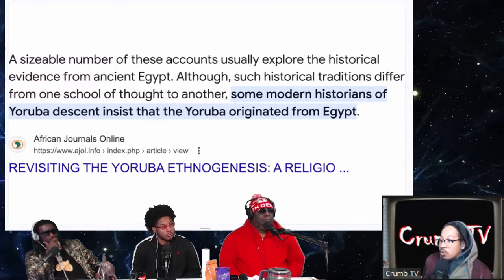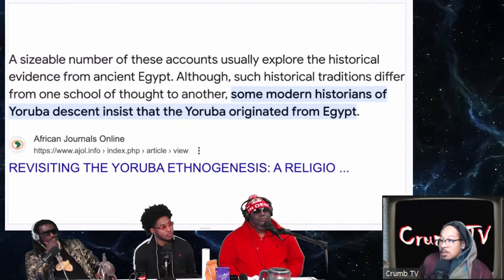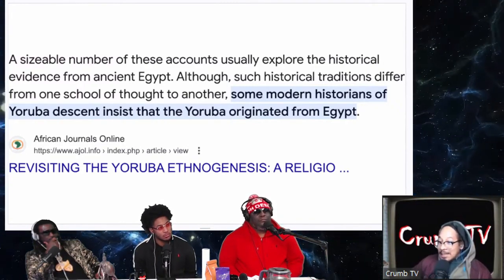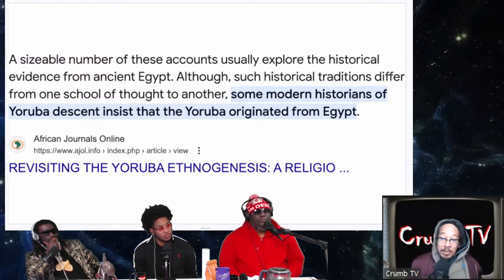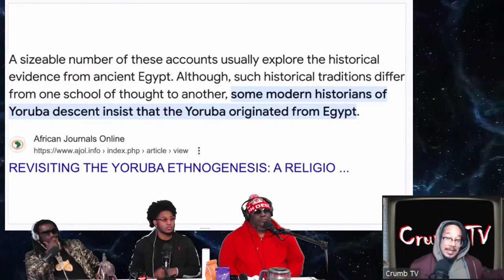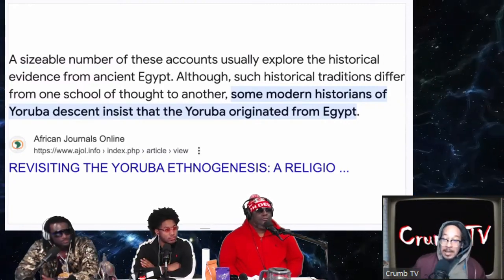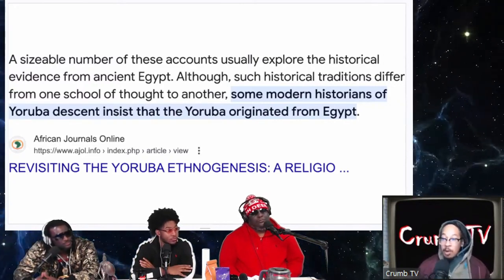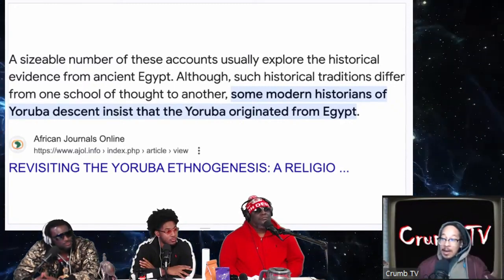Although such historical traditions differ from one school to another, some modern historians of Yoruba descent insist that the Yoruba originated from Egypt. So this city that old girl Lilith is from, this is where these people are from, and these people look like this. So Lilith, respectfully, is a black girl.